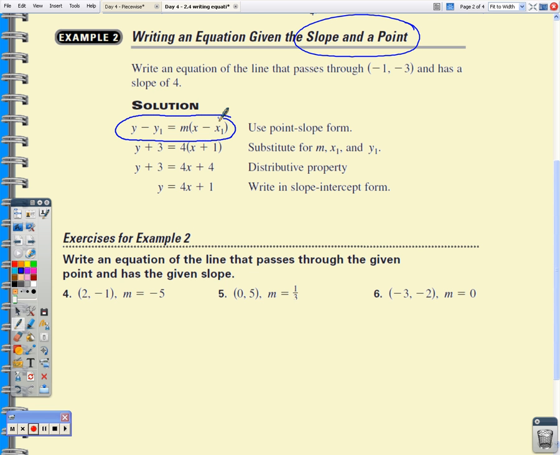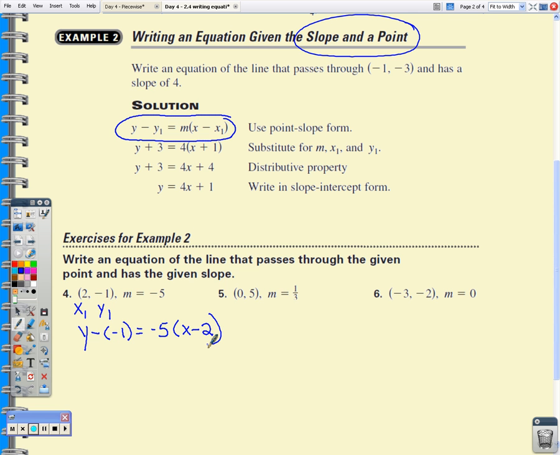We are going to label our point x1, y1 and plug it in. So number 4, we label our point x1, y1, and then plug into our equation. Y minus y1 equals m times x minus x1.